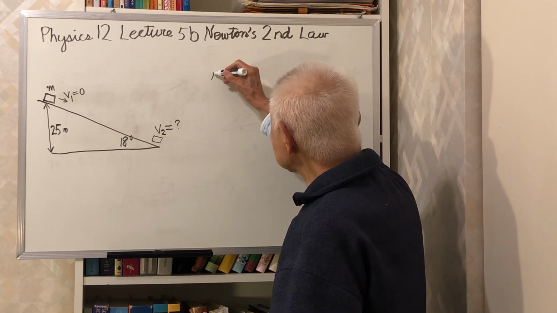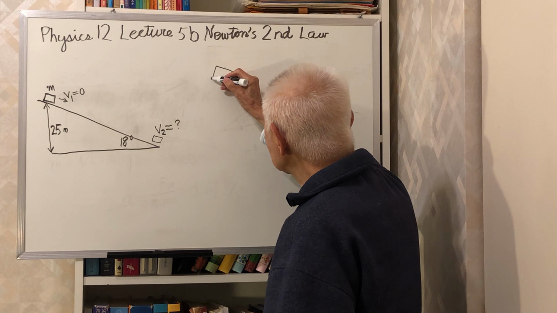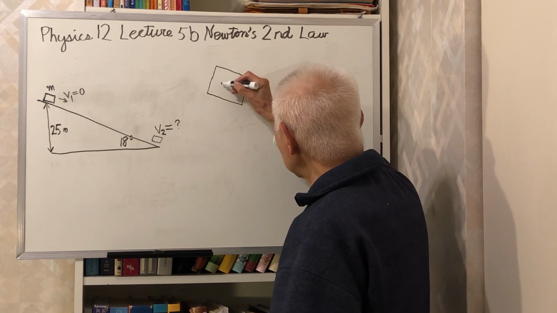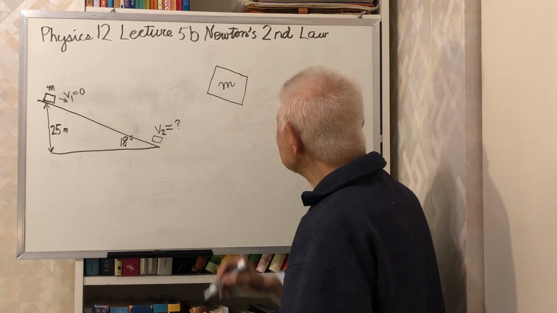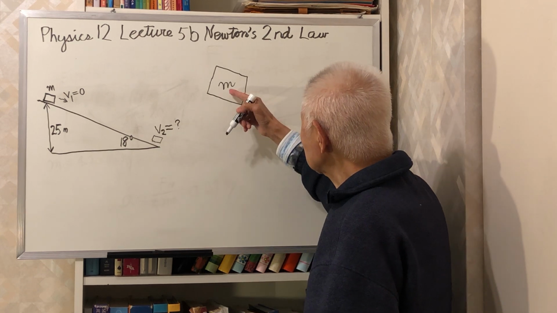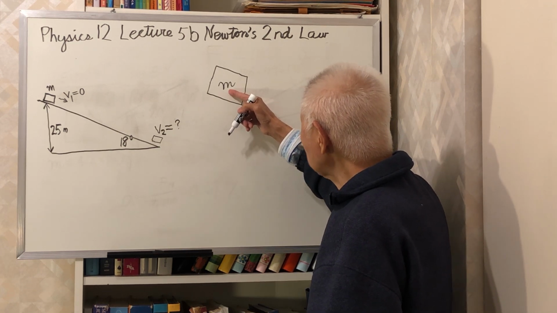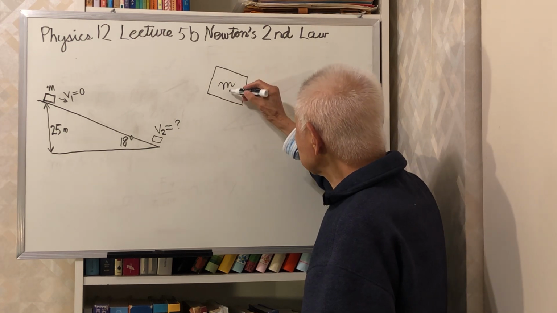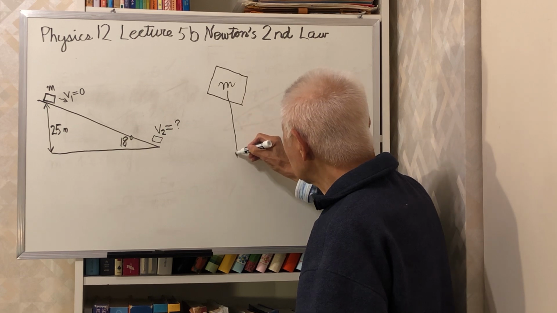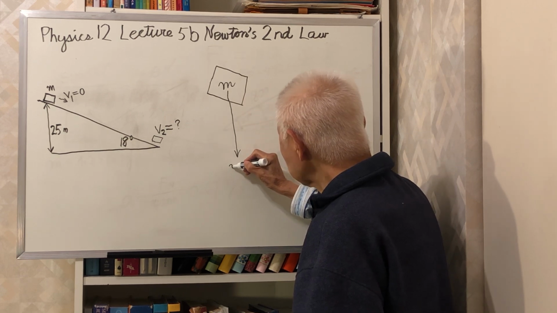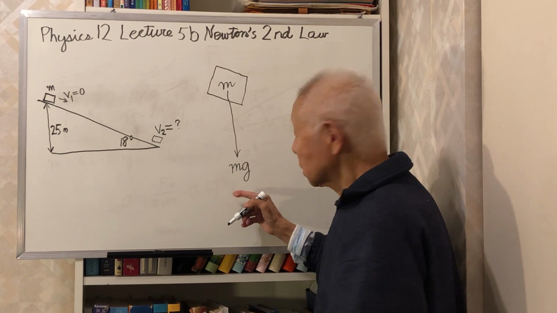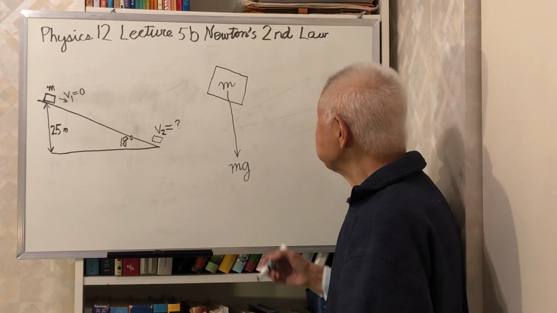Let me make the diagram bigger. The mass is this, m. This block has a force of gravity, mg.